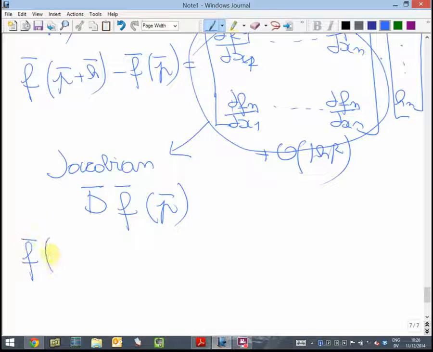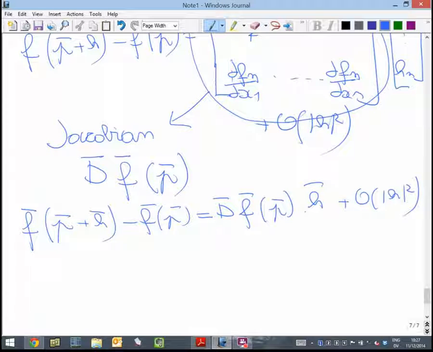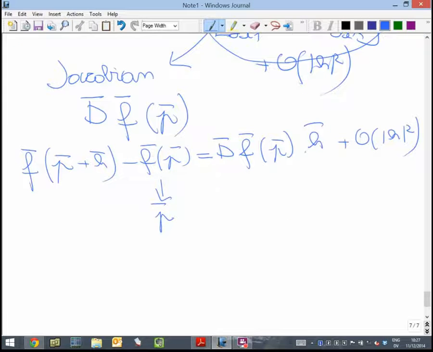So in shorthand, we can write that f of P plus h minus f of P is equal to our Jacobian df_P times h plus some little mistake. Right, so this is in general. In our situation, we're studying fixed points, where f of p is equal to p. So we can make that substitution.